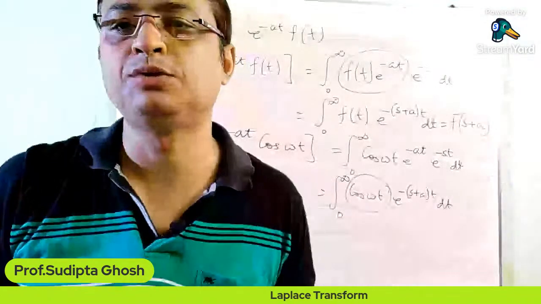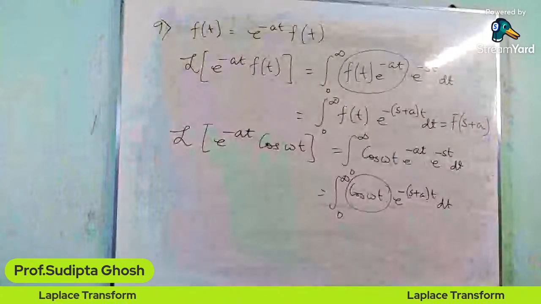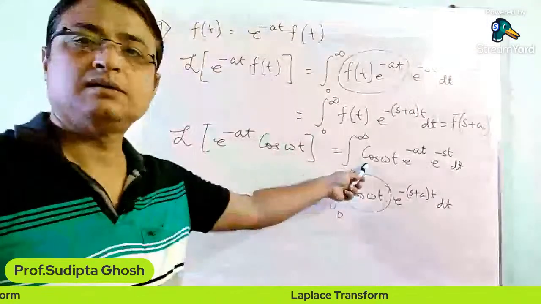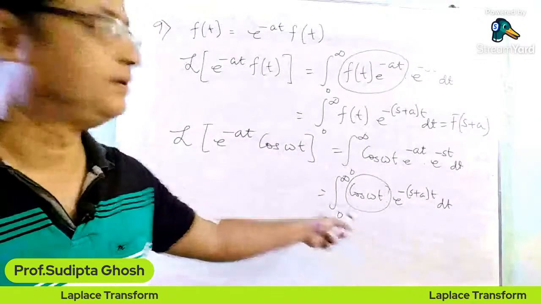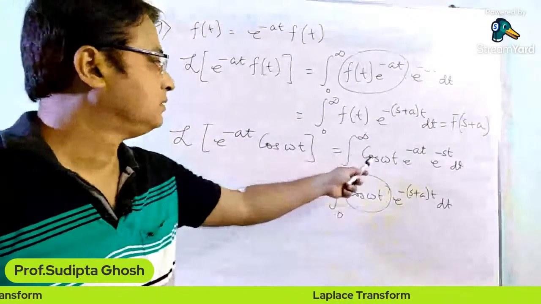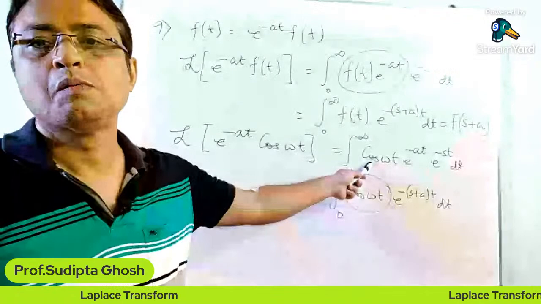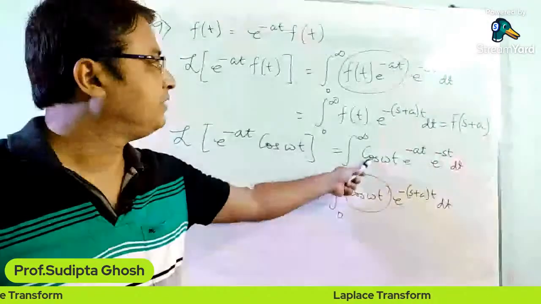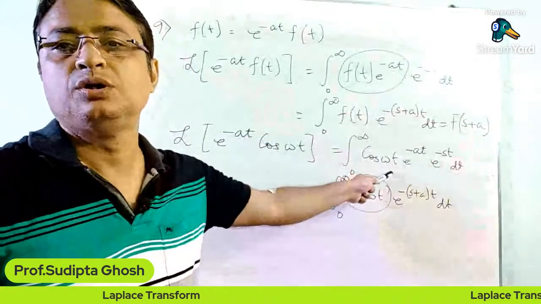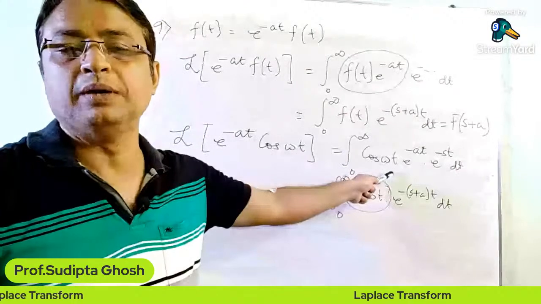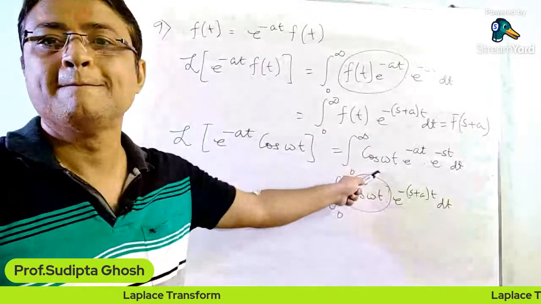Sir, please explain, e to the power minus st from this or from that? Imtiaz, second line? I am pointing out that I have written e to the power minus st here also. So where is your problem?